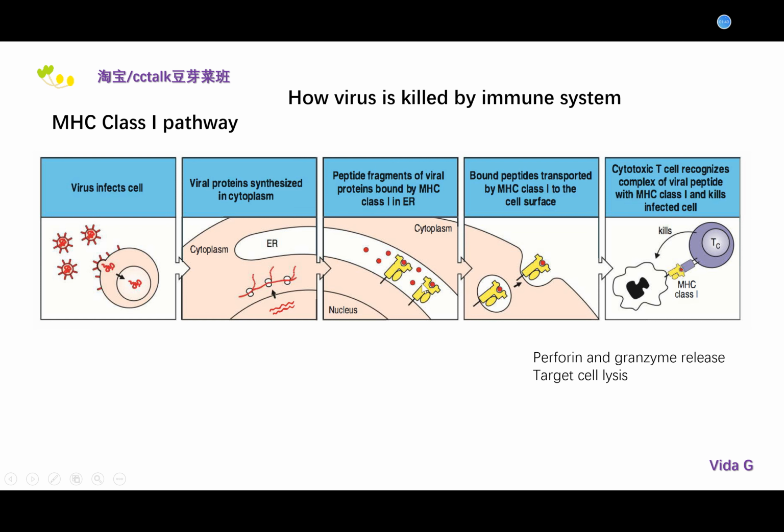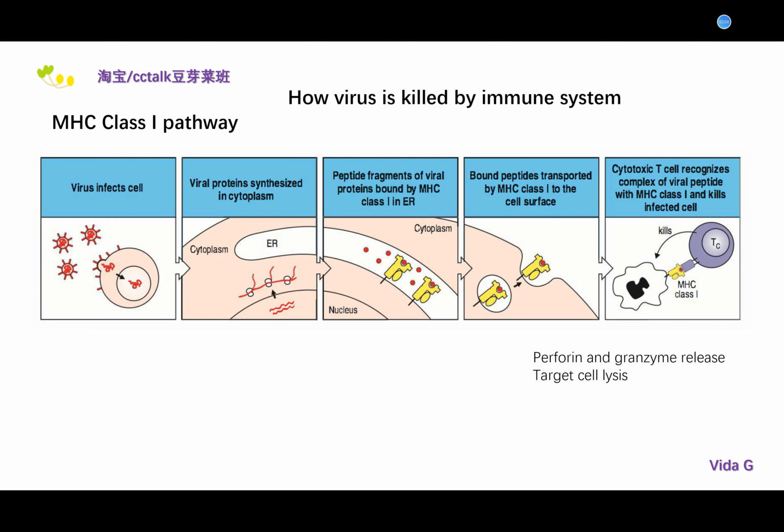And then MHC class 1 molecules transfer the virus protein onto the cell surface. And then the MHC class 1 molecule with virus protein bound to it will be recognized by the T cell receptor on the cytotoxic T cell.